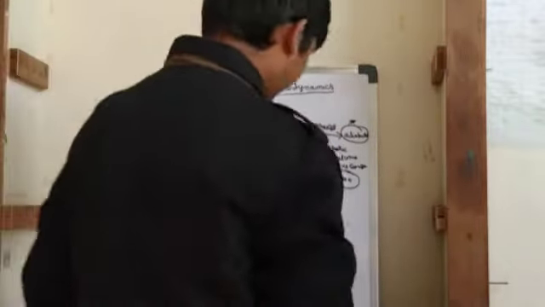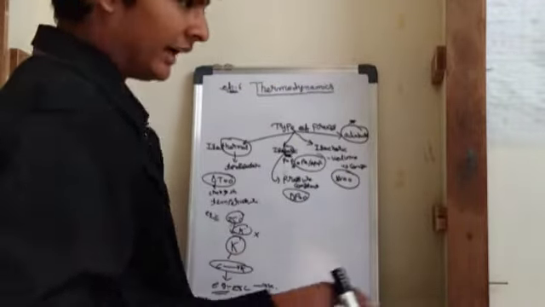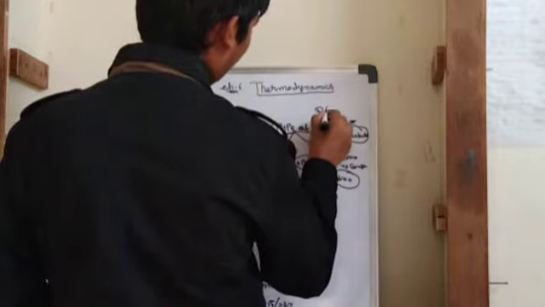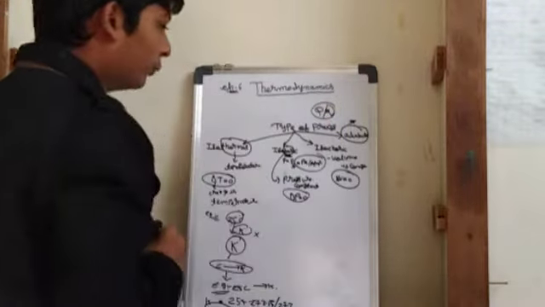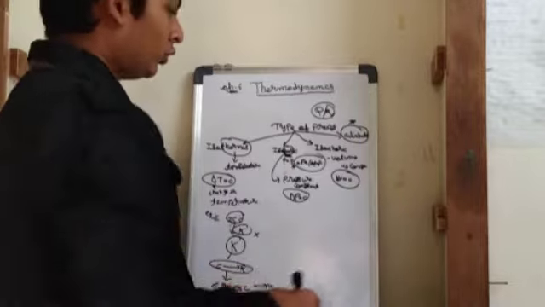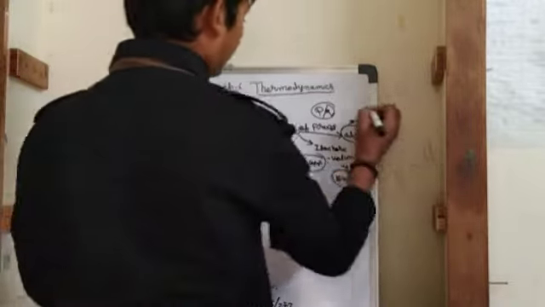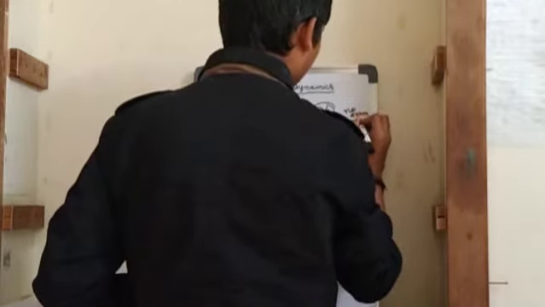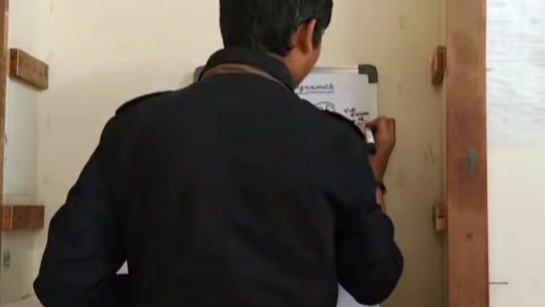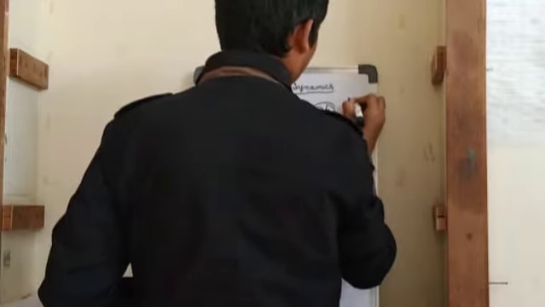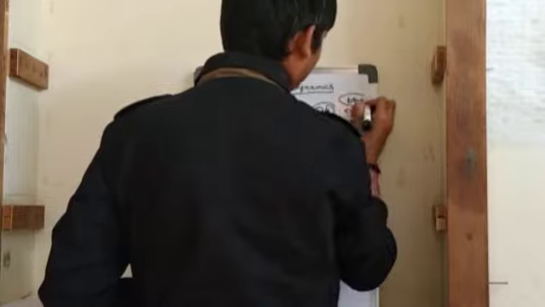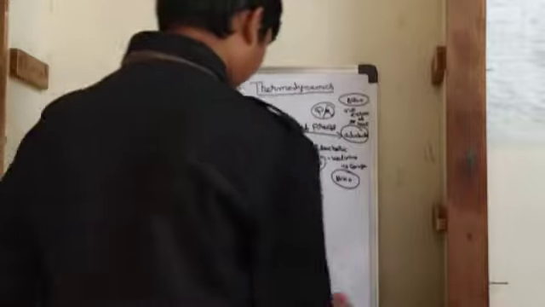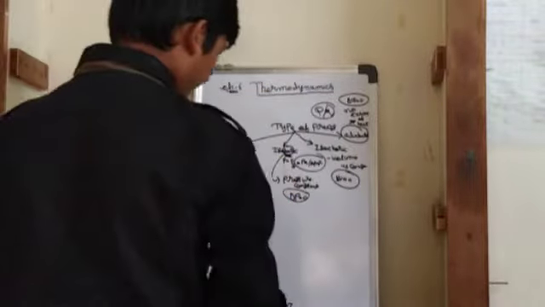Adiabatic is a process in which no heat exchange occurs. I told in the last video that we denote heat as Q in thermodynamics. So adiabatic is a process with no exchange of heat, meaning delta Q equals 0. So these were the 4 types of processes. Now I will go for the difference between them, as I told in the beginning.